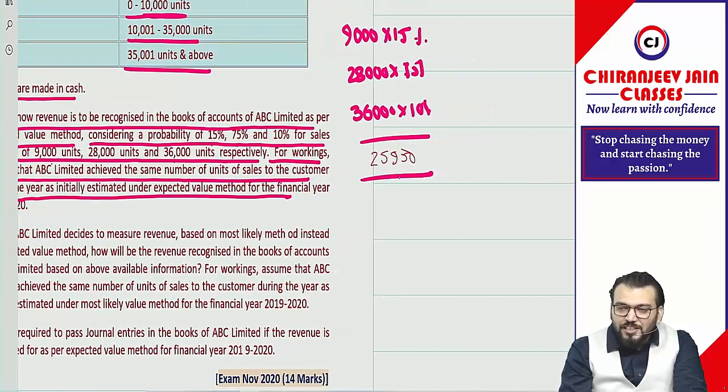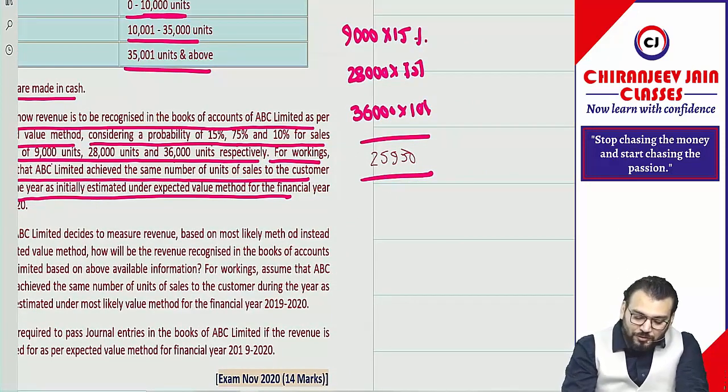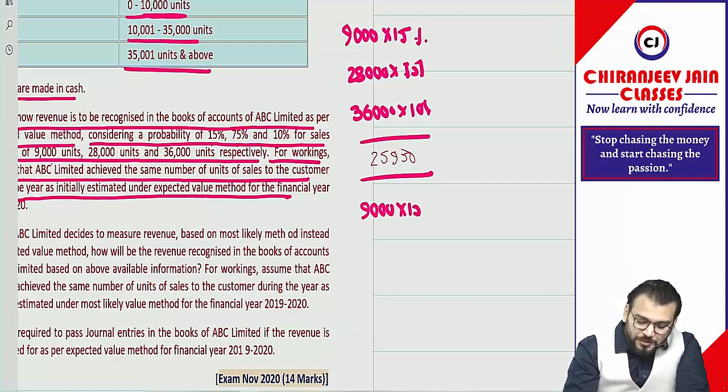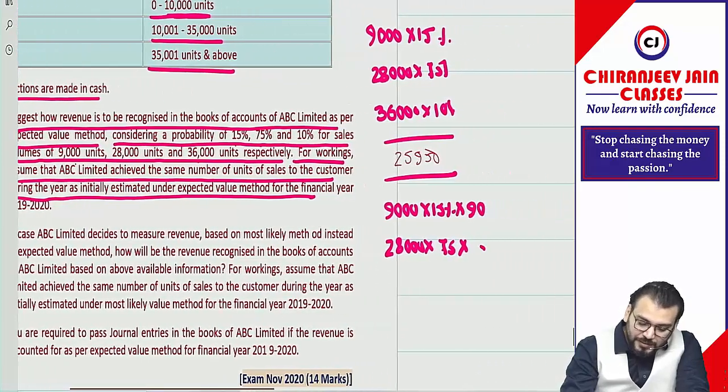First you calculated the number of units, then you do the second working note. Then 28,000 into 75% into 80.